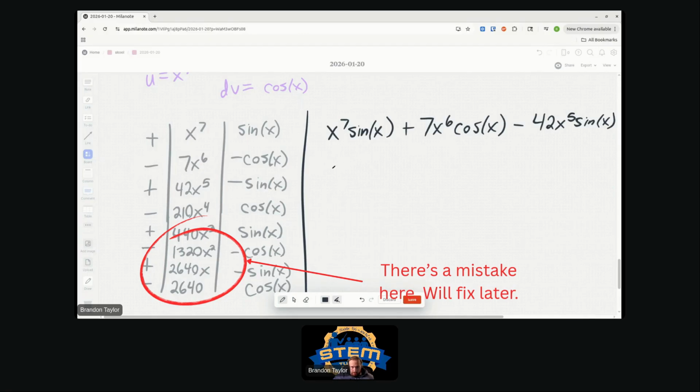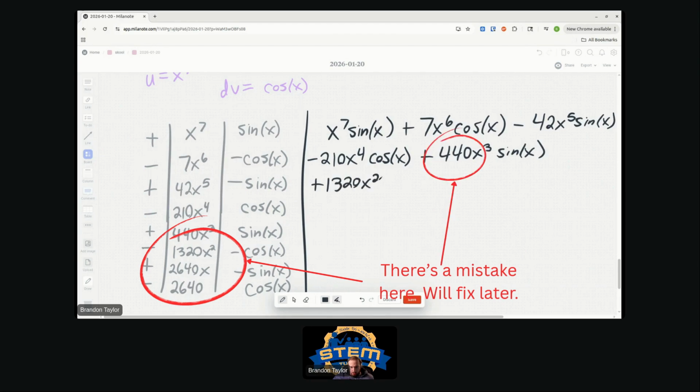Negative 210 x to the 4th cosine of x, plus 840 x cubed times sine of x, and minus minus plus 2520 x squared cosine of x, minus 5040 x sine of x. Hopefully you can see the value in this. We're basically avoiding a massive amount of work here.